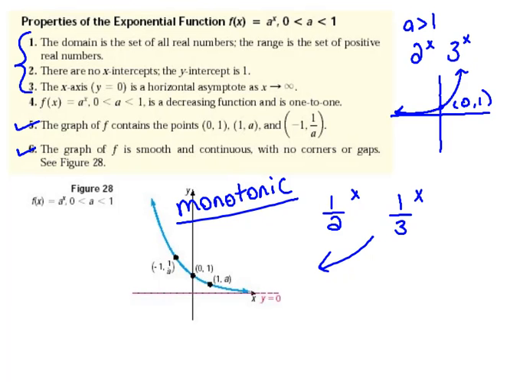The graph is smooth and continuous with no corners or gaps. So these properties, we really could learn one set of properties, and it works for no matter what the base is. The only difference is if our a value is bigger than 1, the graph is increasing. If the a value is between 0 and 1, it is a decreasing function.